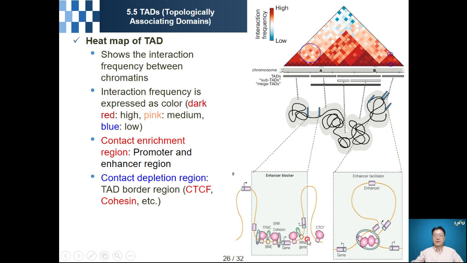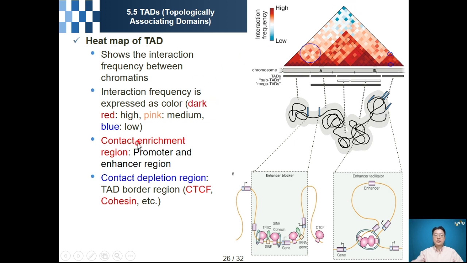Once again, the heat map of TAD shows the interaction frequency between the chromatin. If interaction frequency is higher, we designate a dark color. If the interaction is medium, we designate the pink color. If the interaction hardly happens, we designate the blue color. For example, the chromatin around here and the chromatin around here are far away from each other, so interaction hardly happens.